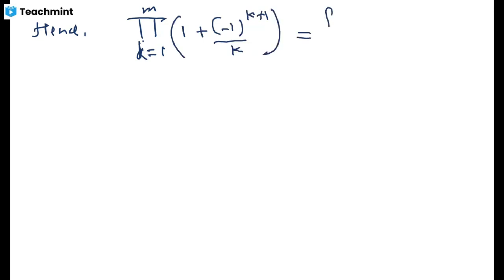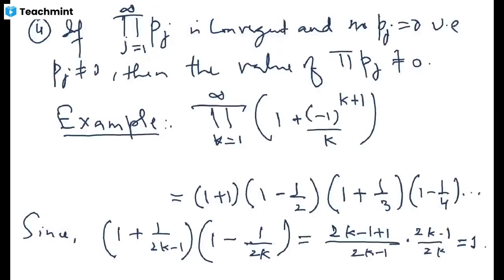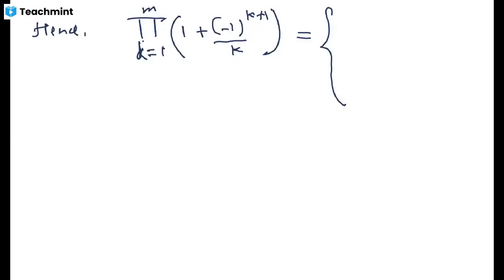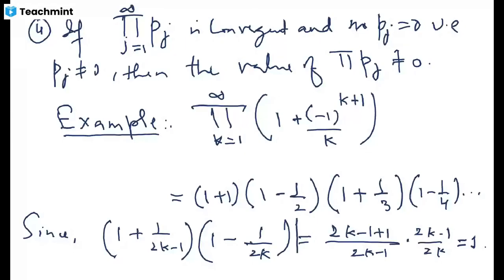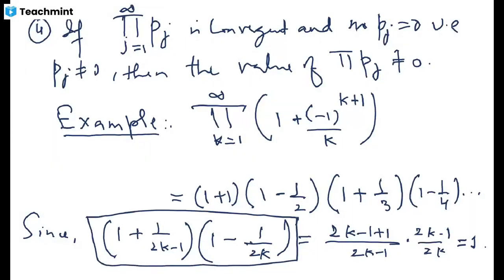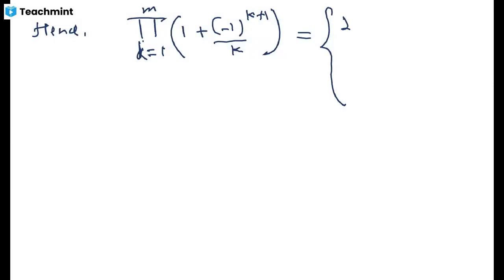This is going to take two kinds of values. The first, when you take m to be even: when m is even, you can pair out these factors, and each pair is going to give you the value equal to 1. So this is going to be 1 if m is even.